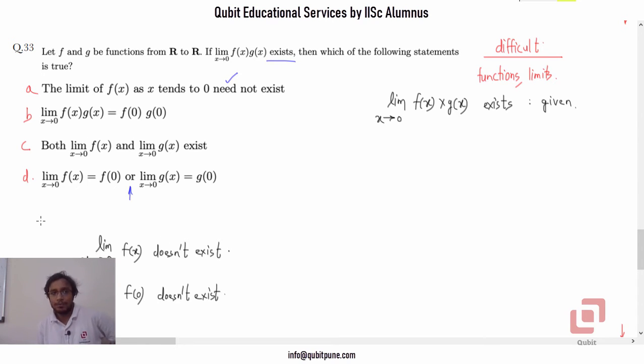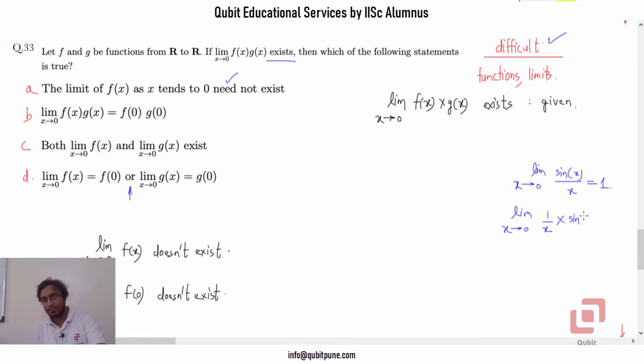Now to solve this question, well, I already told you that this is, according to me, a bit difficult question. I have used elimination. First I have used our very well known limit, which is the limit as x tends to 0 of sine x upon x is 1. Now I have written it as 1 over x into sine x equal to 1.